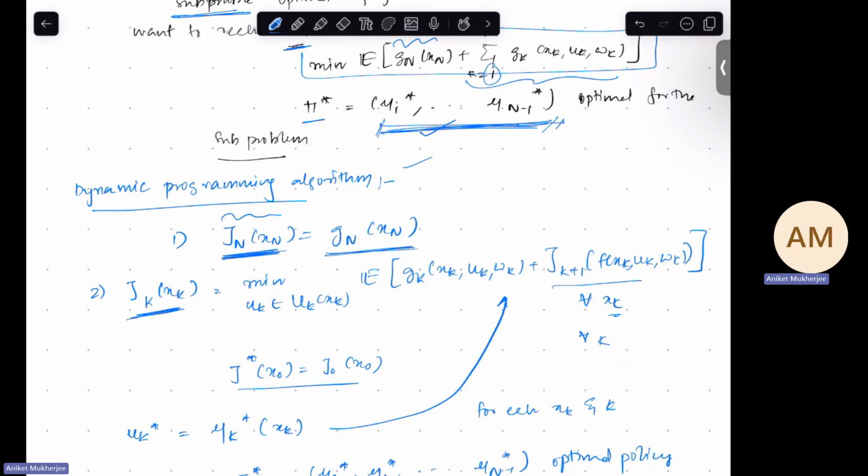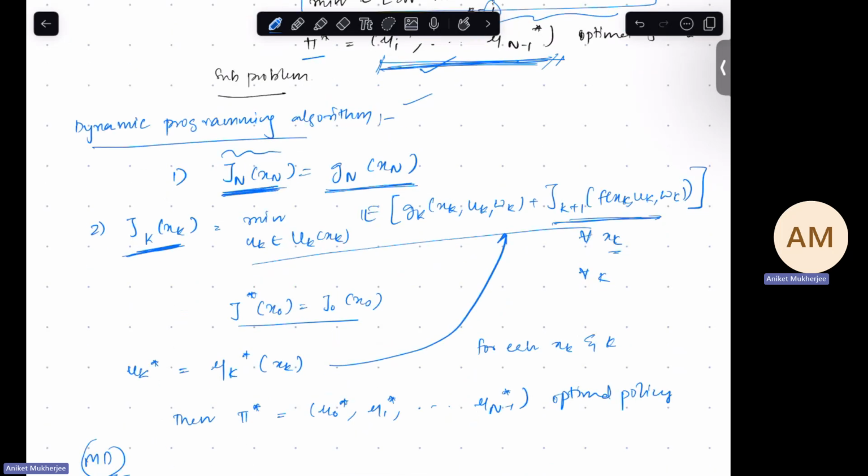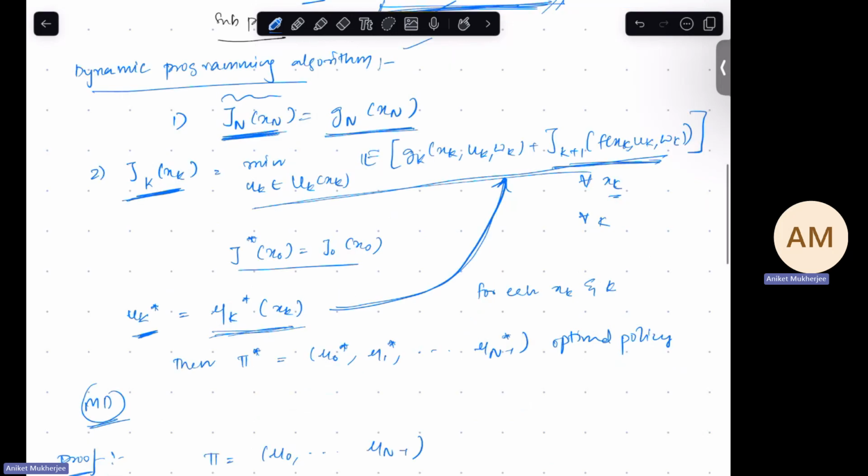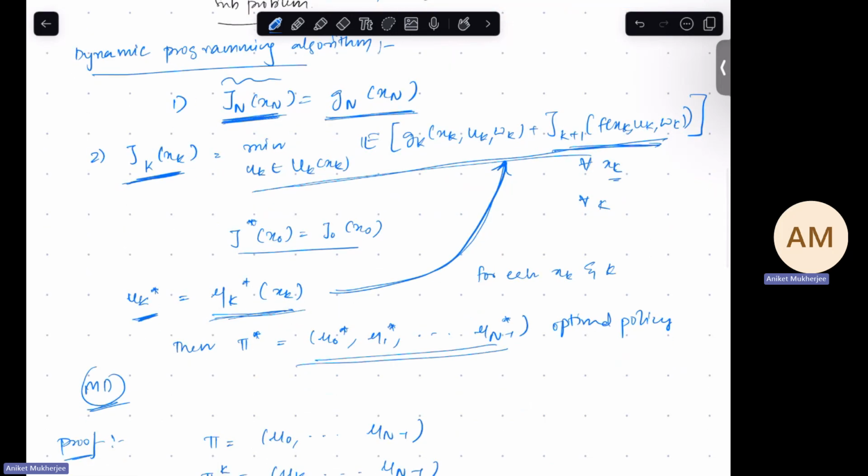Then you calculate J n minus 1 using J n as a one-step recursion, and you do this stepwise until you come to 0. Then you gather all the u k that you found by solving this equation and put them as a function mu k star of xk. If u k minimizes this, then you have your policy, and this policy is optimal.